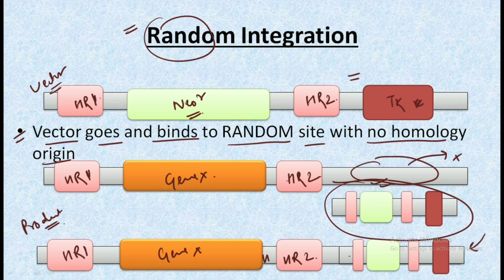The gene which was present here might be of some importance initially, but because of random integration there occurs elimination of that gene and the integration of the non-desired gene occurs, and the desired gene that we have focused on does not get eliminated.